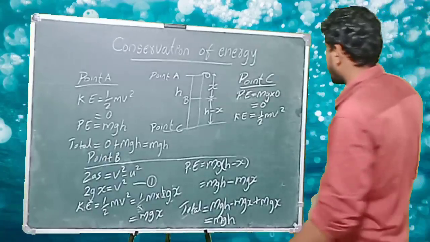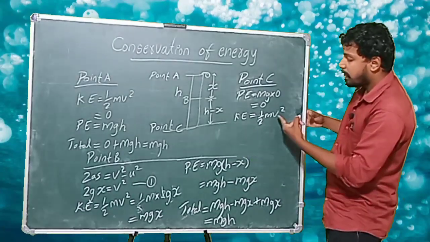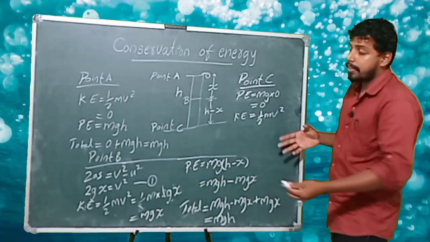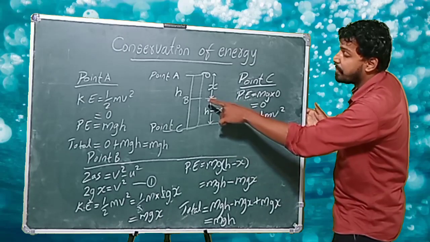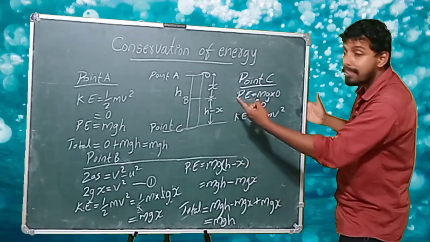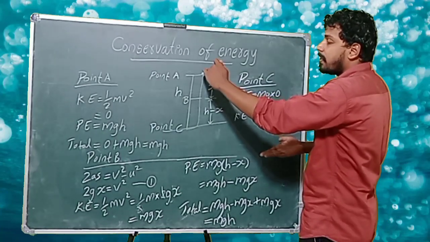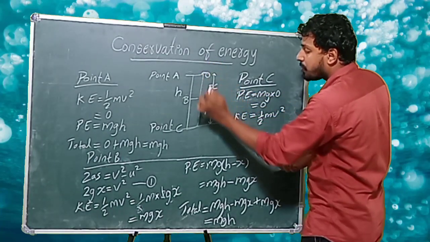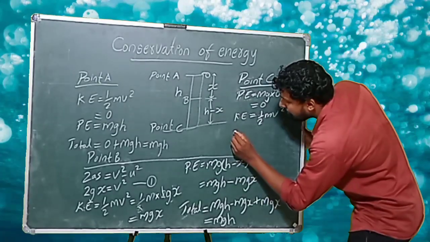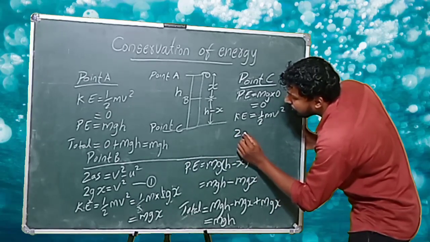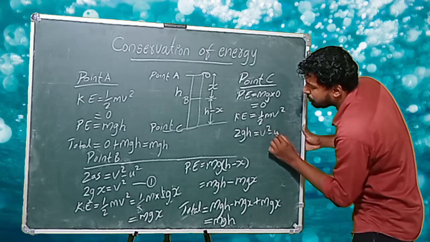Kinetic energy is half mv square. Then here we know 2as is equal to v square minus u square. Here we have to take g, and s here is h, because this object is in free fall from here to here. The total height is h, so 2gh is equal to v square minus u square.